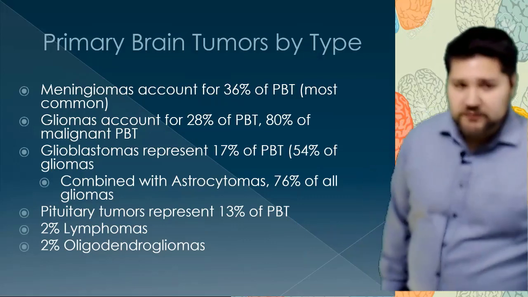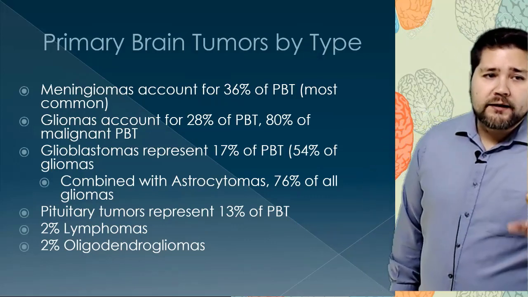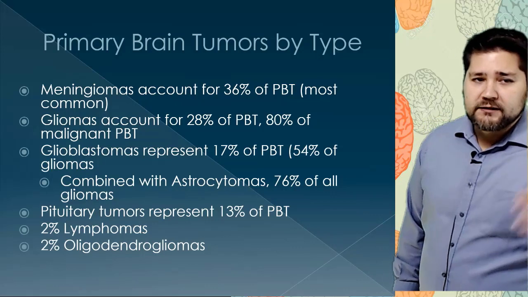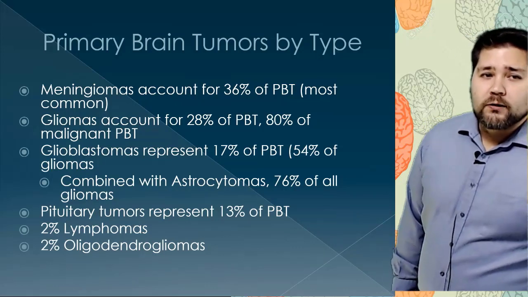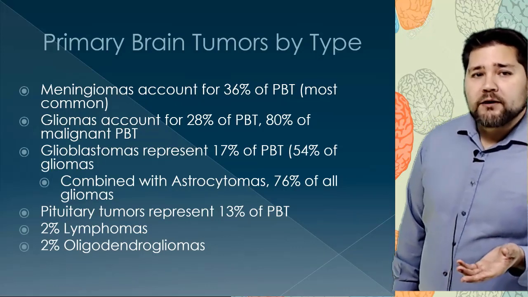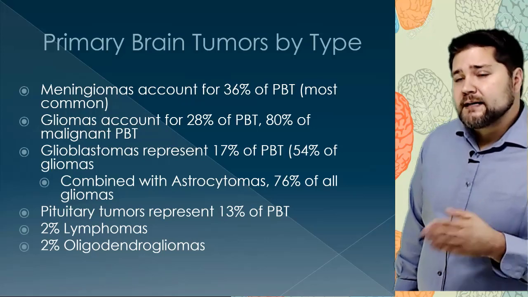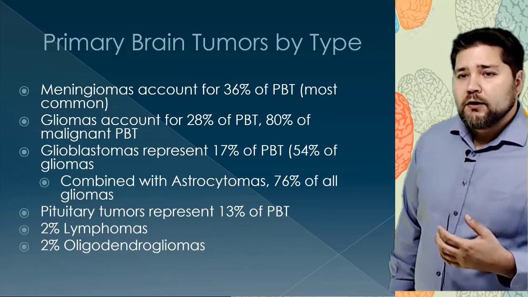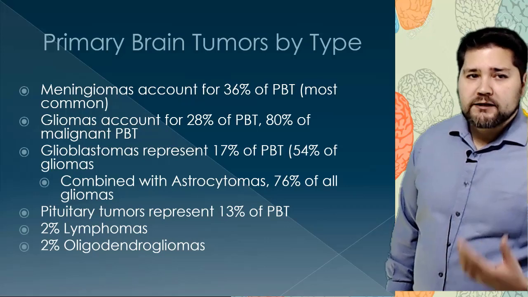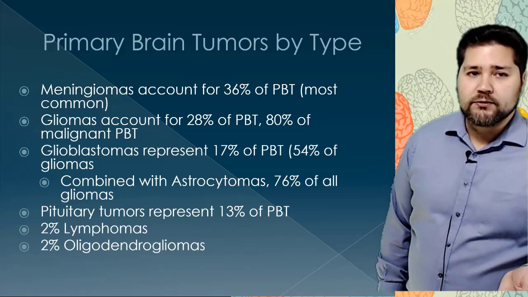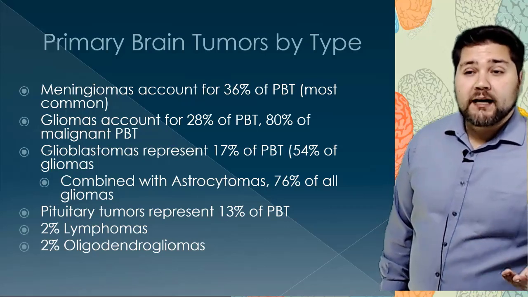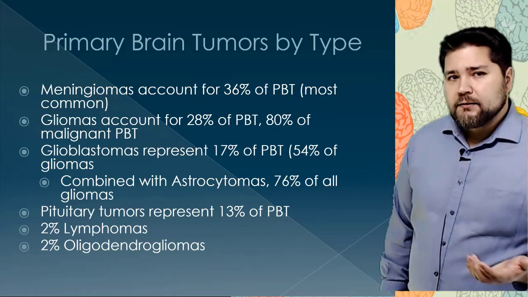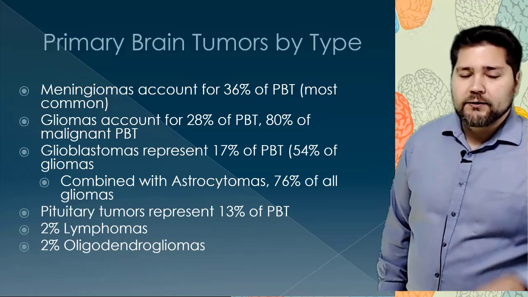But the types of tumors that we'll look at here, the two I want to point out are meningiomas and glioblastomas. These are just some stats that you can work through. But the most common primary brain tumors, so even though metastatic disease is the most common tumor, when we talk about primary brain tumors, we want to talk about tumors that are arising in the brain tissue itself. And meningiomas are the most common. And the nice thing about that is they're typically benign, but we'll talk about those in a little bit.